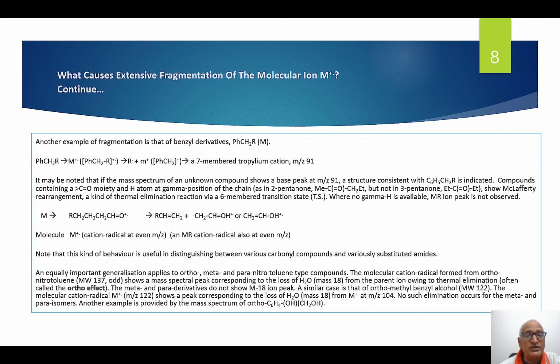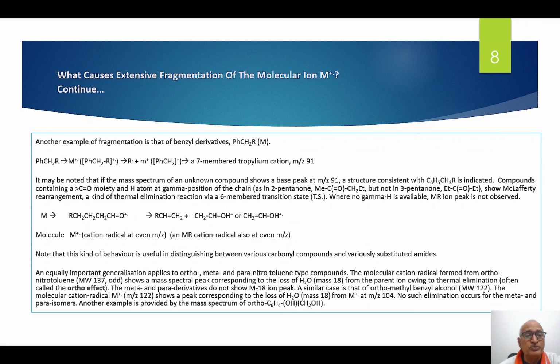This McLafferty rearrangement, which is a very important rearrangement of mass spectrometry, is actually a thermal elimination reaction. It is possible only in those cases where a carbonyl group is situated gamma to a CH2 carrying hydrogen. If this kind of arrangement is not there, then McLafferty rearrangement won't take place.